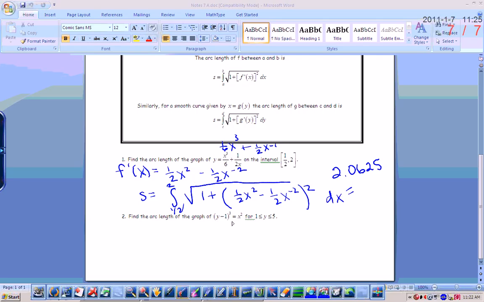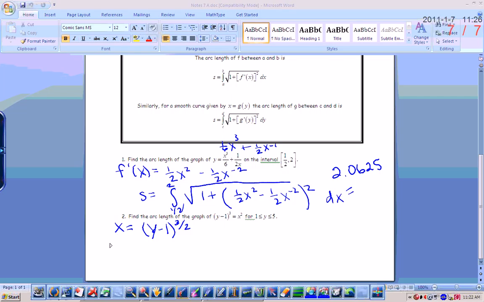So to solve the equation for x, I need to take the square root of both sides. So x would equal either the square root of y minus 1 cubed, or you could think of it as y minus 1 to what power? 3 halves, good. Which I think is a little bit easier to think about.